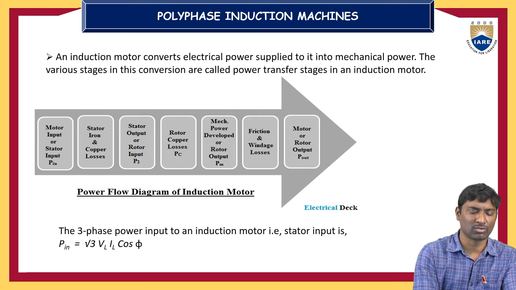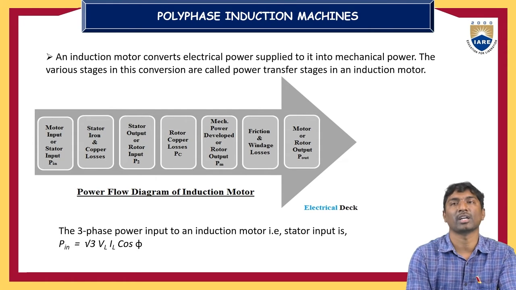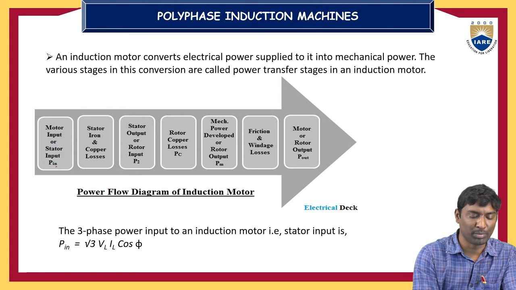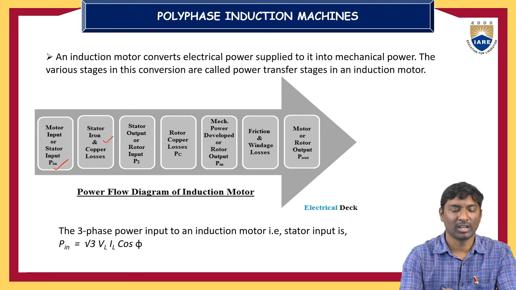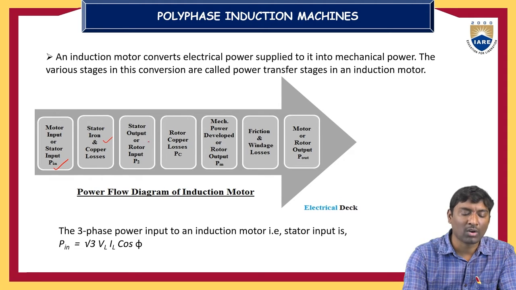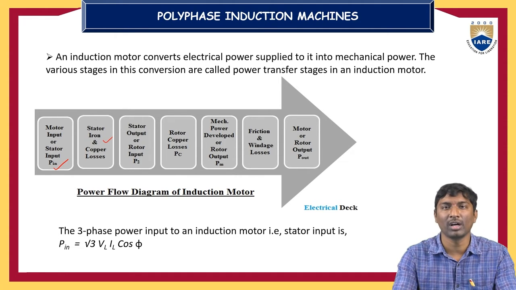So now I'll discuss them. First we give the input here, that is the motor input or stator input, that is P in. Next we have the stator iron and copper losses. This is the second stage. In the induction machine, we have the stator winding and the rotor winding.